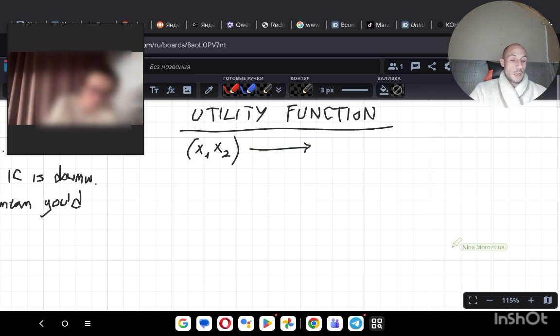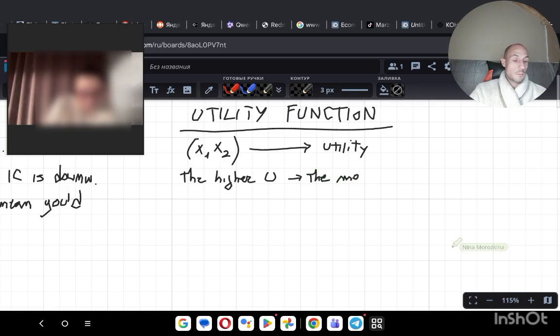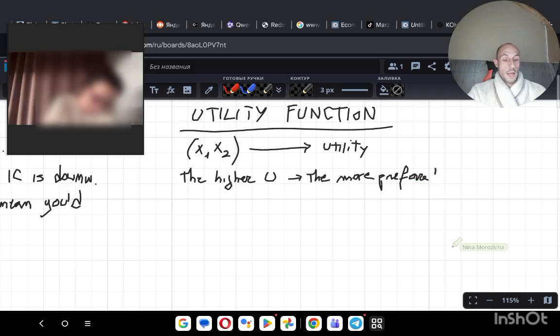How does it look like? Well, mathematically, this is a kind of hyperbola. It is smooth, convex to origin, and looks like this.